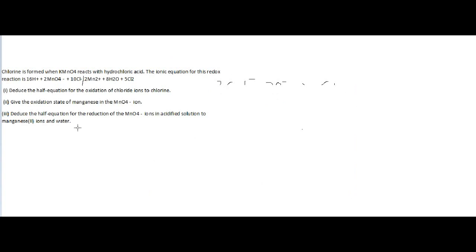This one here: deduce the half equation for the reduction of MnO4 minus ions in acidified solution to manganese 2 plus ions in water. So we have the MnO4 minus ion in acidified solution, and we can draw the arrow. Always leave space for the other things you plan to write in. It goes to the Mn2 plus ions plus water.